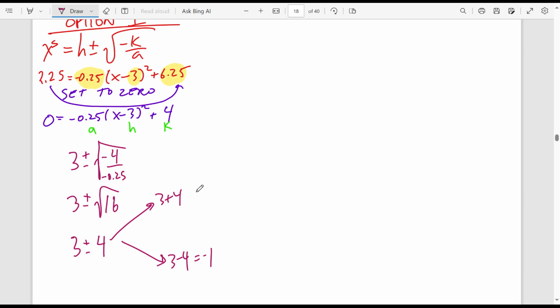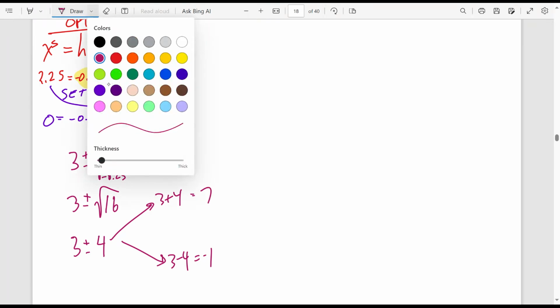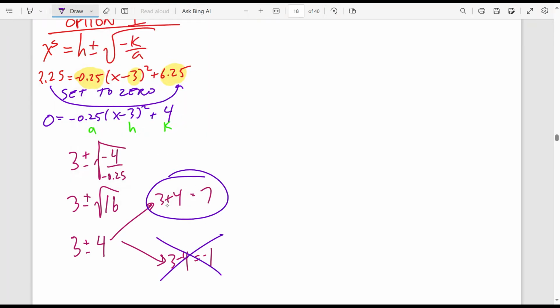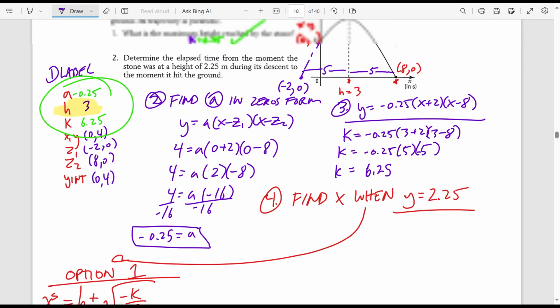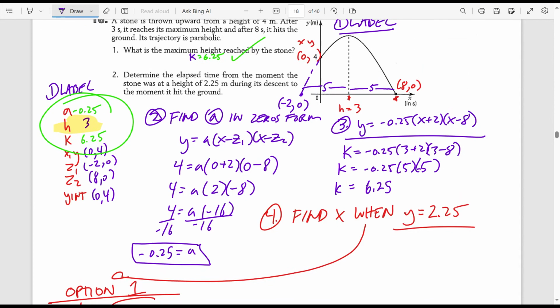I can reject the negative 1 and accept the 7 because what I'm looking for right now is determine the elapsed time from the moment the stone was at a height of 2.25 meters during its descent, so on its way down. So they're saying here 7 seconds, 2.25. I don't care about this one over here because it's just not part of the question, right? Or not part of the answer.